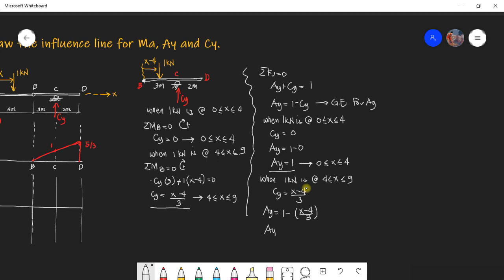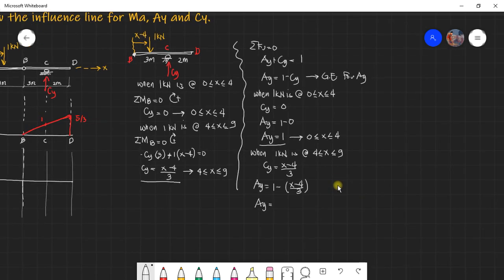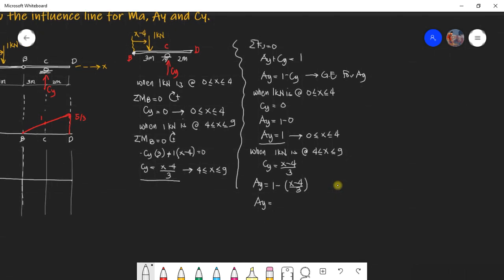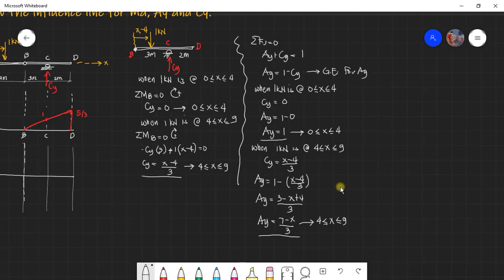Okay, simplify. So this will be 3 minus x plus 4 over 3. So Ay will be 7 minus x over 3. So this value of Ay is true only when the unit load is greater than 4 but less than or equal to 9.